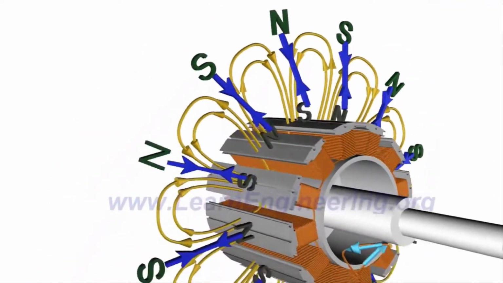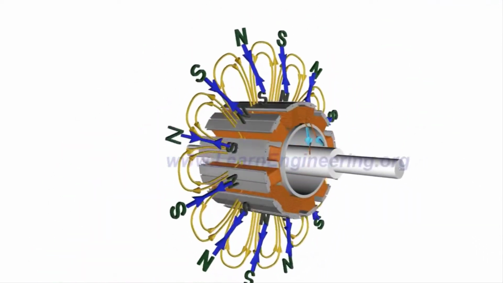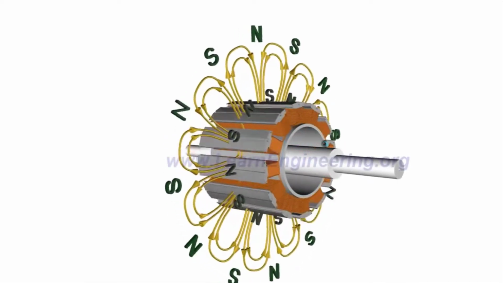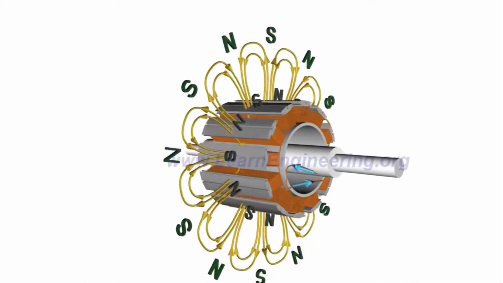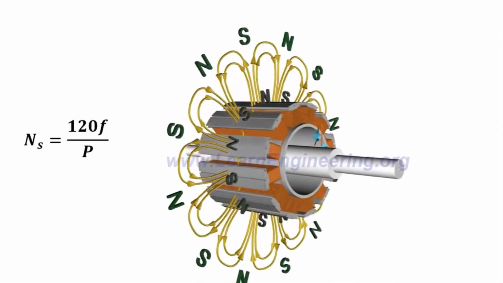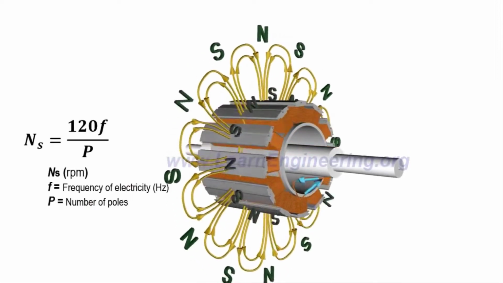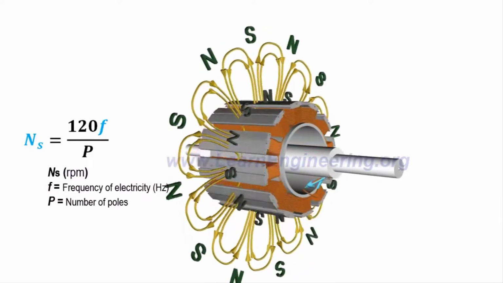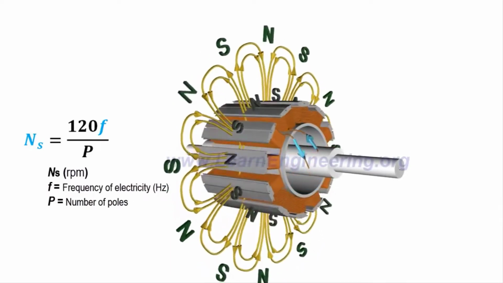This means that rotor will rotate at the same speed of RMF, or rotor will rotate at synchronous speed. Synchronous speed can easily be derived as follows. This means that if one has got control over frequency of the electricity, speed of synchronous motor can be very accurately controlled.